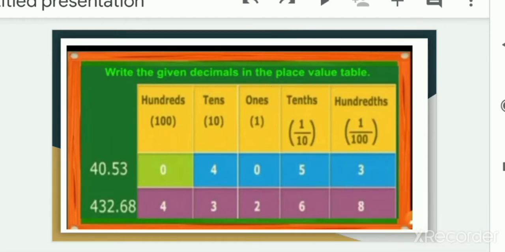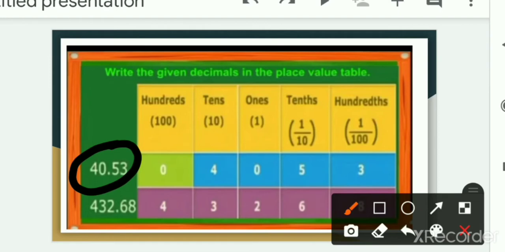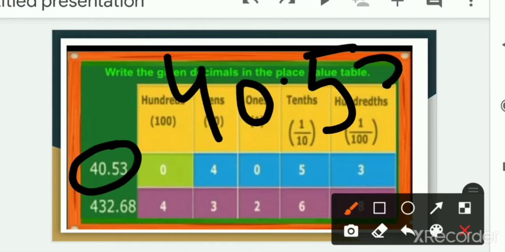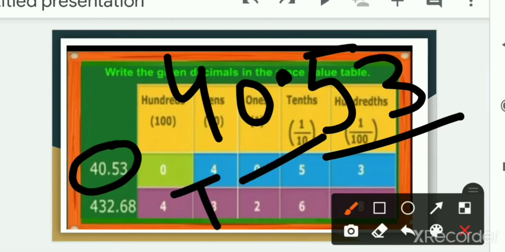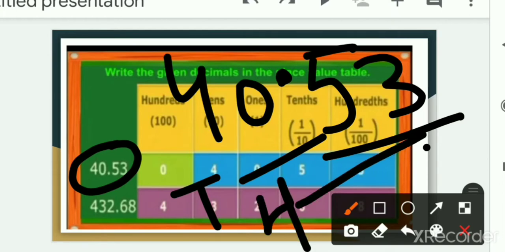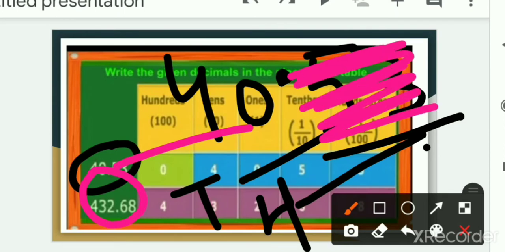Yes, it is very easy. Like we have 40.53. I have already told you, for the numbers after the decimal, this will be tenths, this will be hundredths, and this will be ones. Because if we hide all these numbers, it is the ones place and it is the tens place, normal, right?